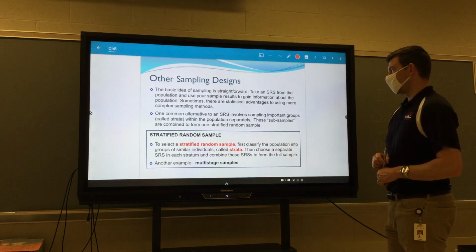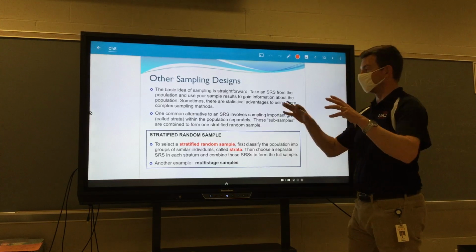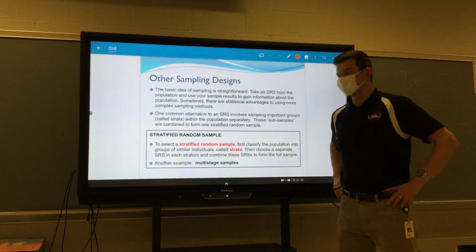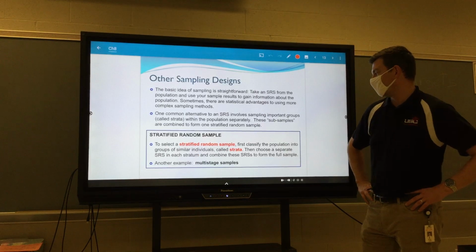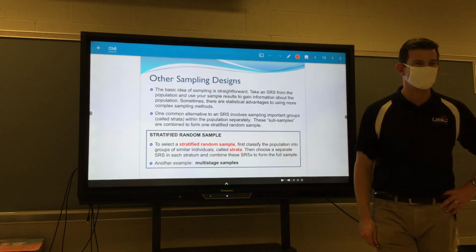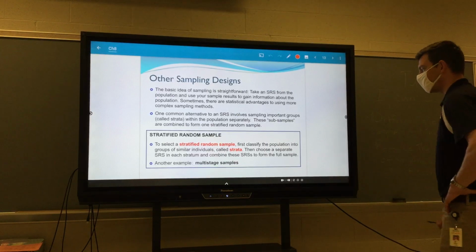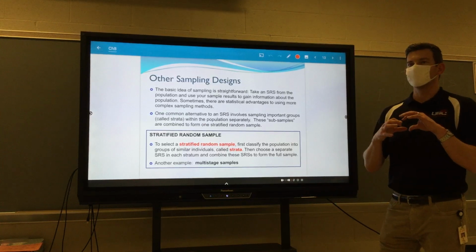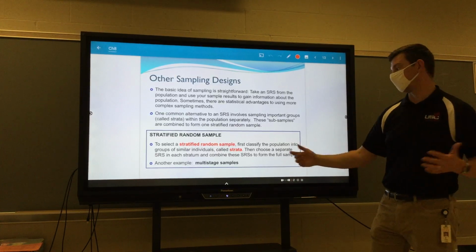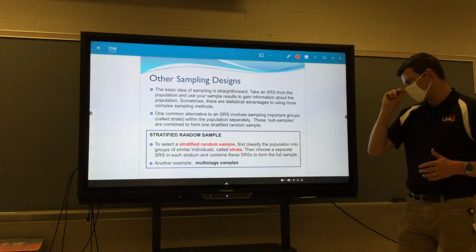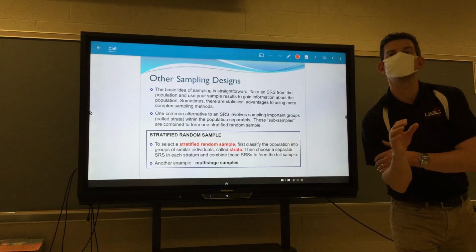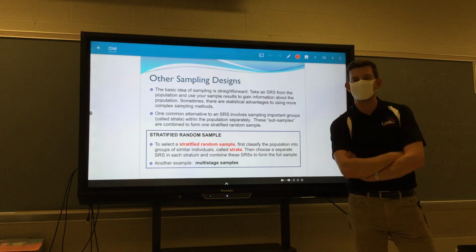So, if we have this large population we're trying to describe, one method that's used instead of a simple random sample is called a stratified random sample, and it still has the letters SRS, so that's a little bit confusing. But a stratified sample involves breaking the population into groups called strata. And then from those groups, you're taking a simple random sample within each of those strata.